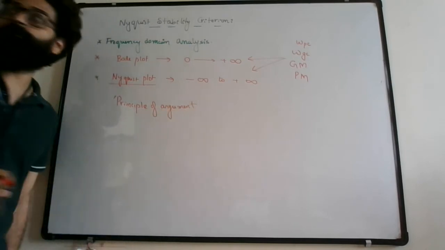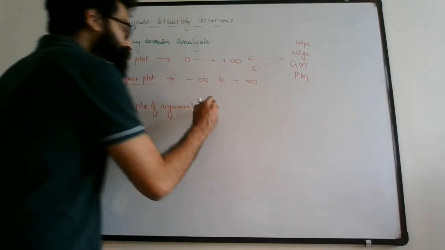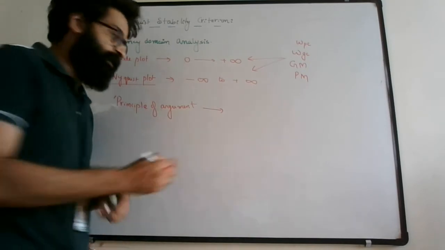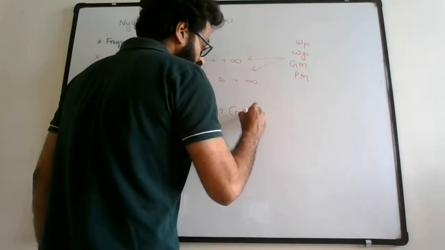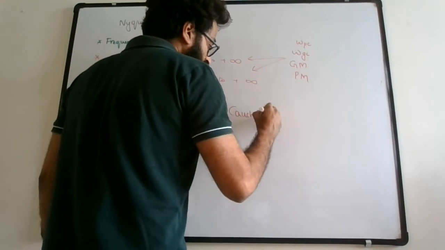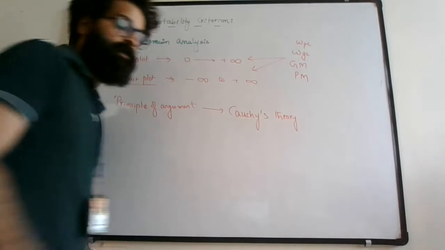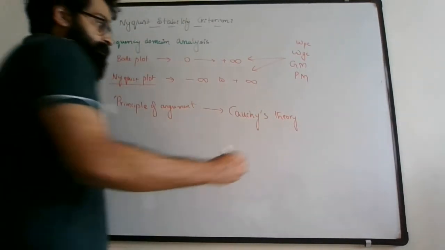This principle of argument is basically based on Cauchy's theory of complex variables.